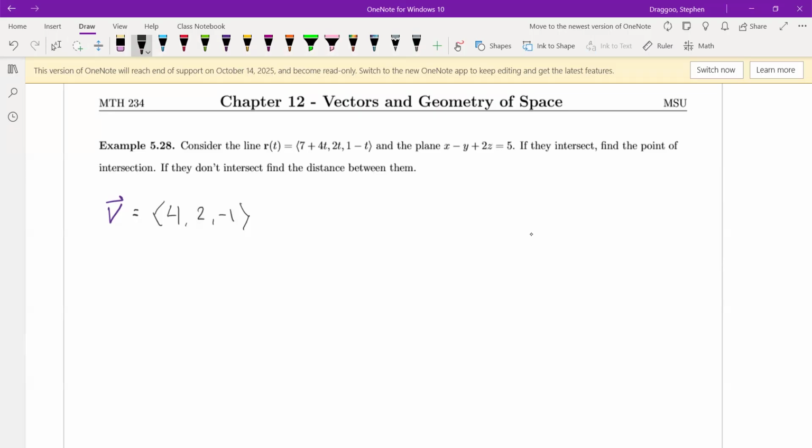Yeah, 4, 2, -1. I'm pulling that out of the line, so it's just the coefficients on t. I'll also want the normal vector for the plane, and it's just 1, -1, 2.